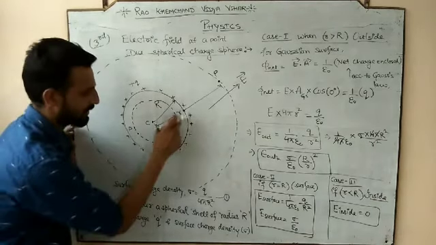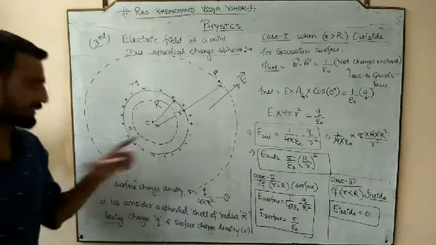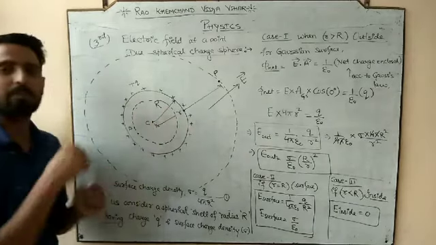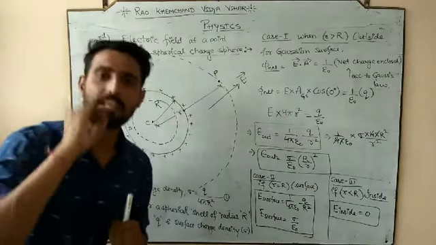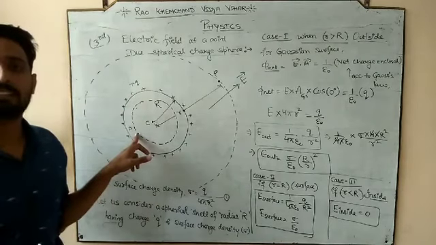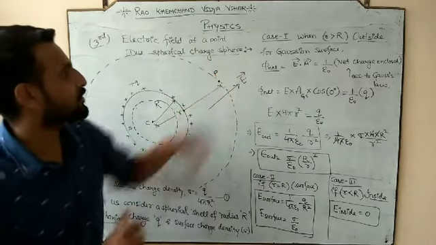For this Gaussian surface, what is the net charge enclosed by this Gaussian surface? इस Gaussian surface में कितना चार्ज अपने अंदर समेटा हुआ है? 0. Why? Where is that P point? Inside. And we all know that this was a spherical shell.